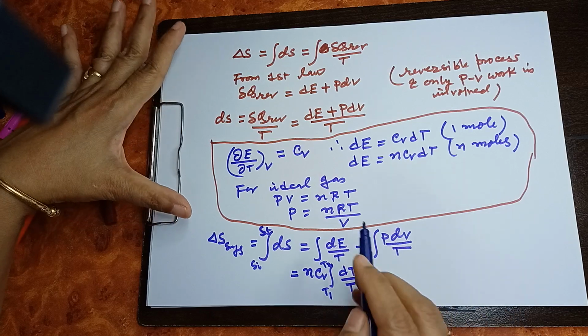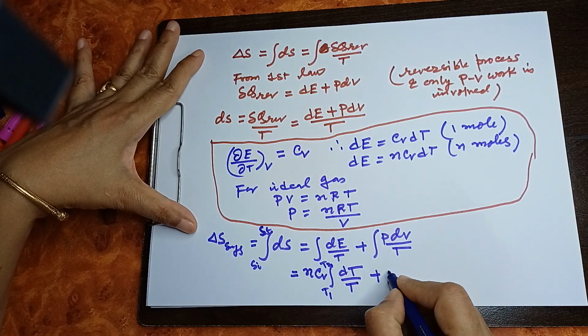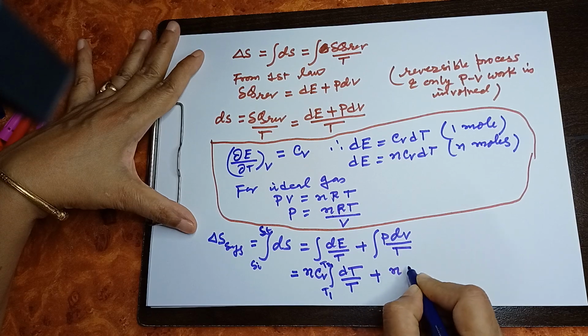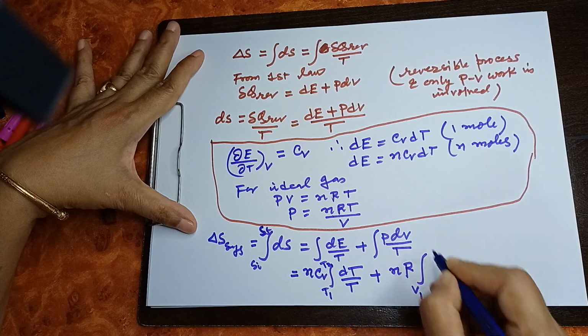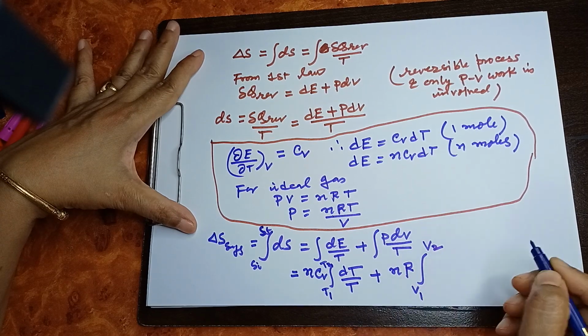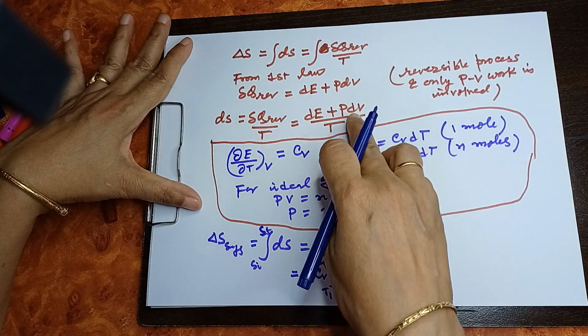Now here n is constant, R is constant, I can take it outside of the integration. So nR, then V1 to V2, then what is left over? dV.